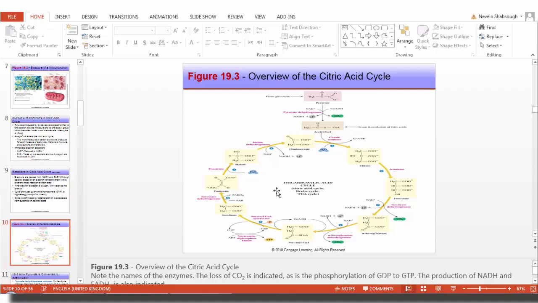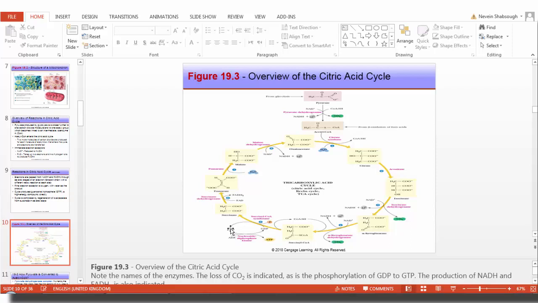Now the usual oxidizing agent is NAD+ in all except the one in step 6 here, where the enzyme is succinate dehydrogenase and the oxidizing agent is FAD. And we notice here in step 5 one molecule of GTP is produced upon phosphorylation of GDP.